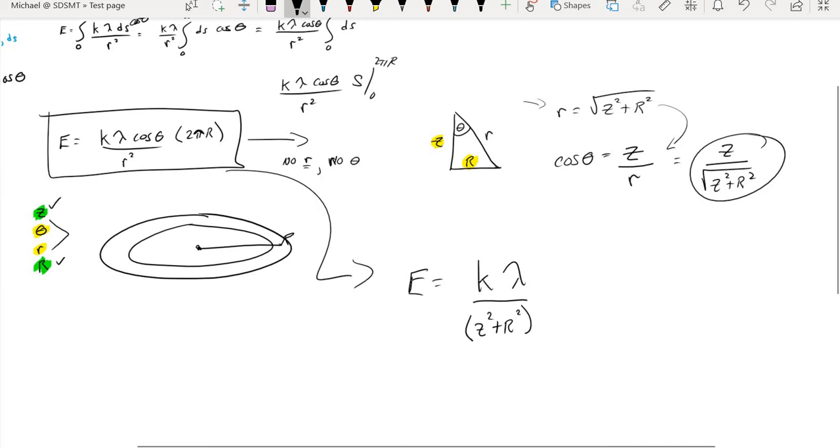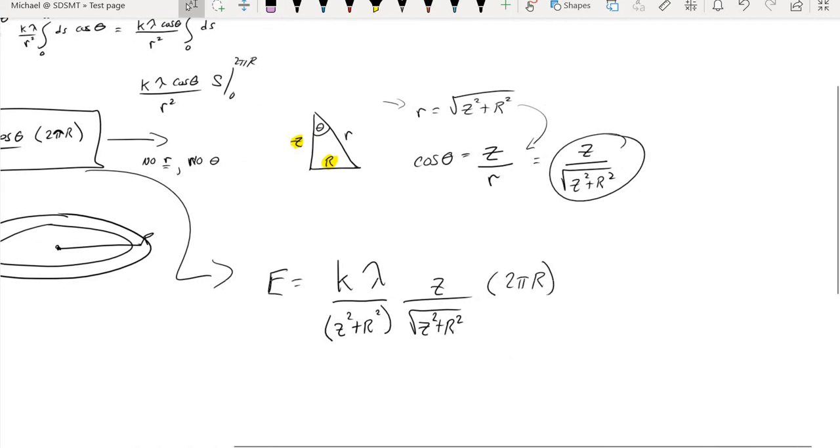And then we have cosine theta, which is z over root z squared plus big R squared, times the 2 pi r. So that's everything that we have for the expression at this point.